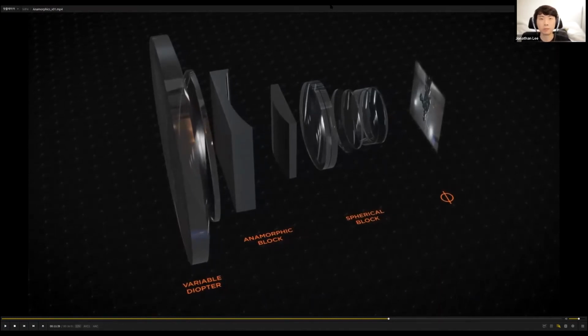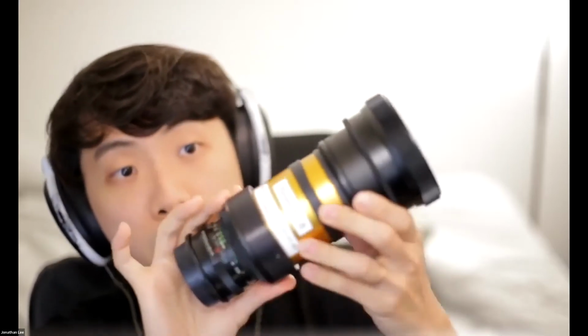Speaking of the variable diopter approach, this is one of those types of lenses. Basically it's an anamorphic projector lens with a regular spherical lens. So anamorphic element, spherical element, and then a variable diopter. This is the one that focuses, so you don't use any other focus gears on the lens. This is the only gear that focuses the lens.